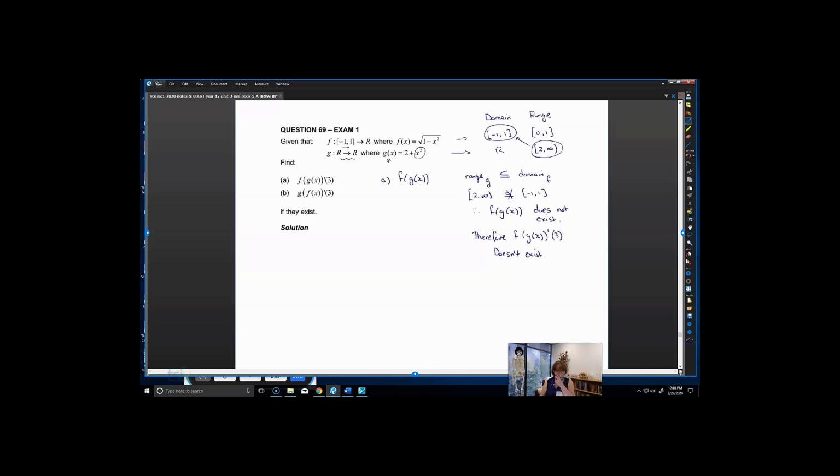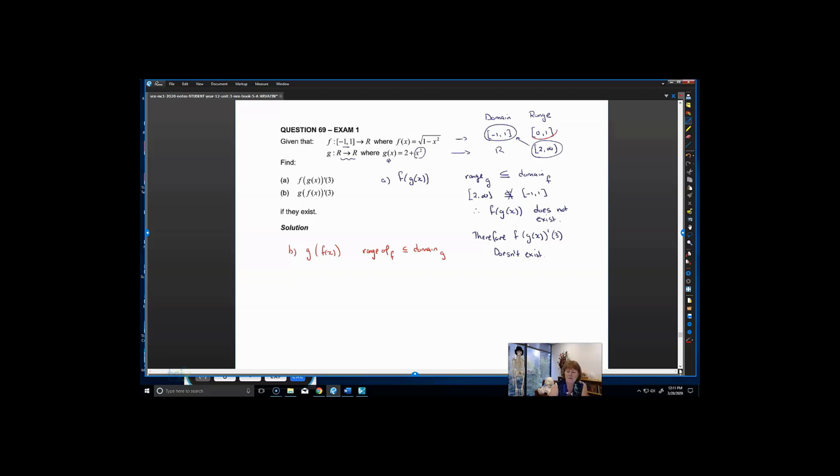So let's check the conditions for the next one. For part B, we've got g of f of x. We need to work that out. So for that to exist, the range of f has to be a subset of the domain of g.